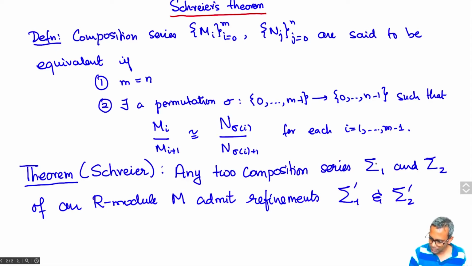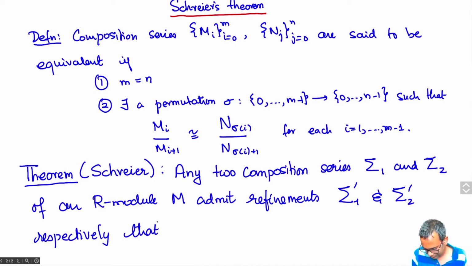That means sigma 1 prime is a refinement of sigma 1 and sigma 2 prime is a refinement of sigma 2, respectively, such that they are equivalent. And we saw how this works in the example of Z mod 12.